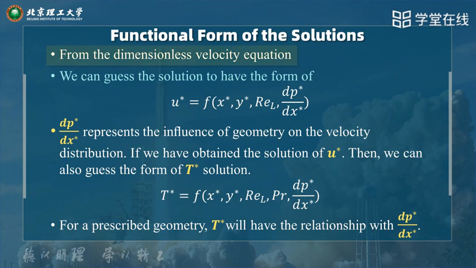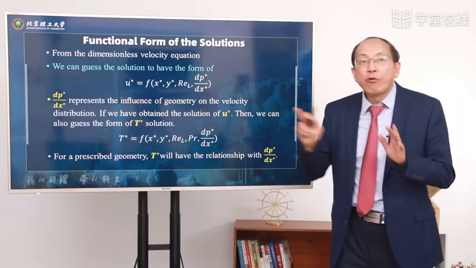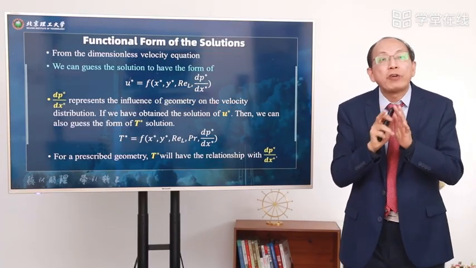From the dimensionless velocity equation, we can guess the solution to have this form: u star equals f of x star, y star, Reynolds number, and dp star over dx star. 1, 2, 3, 4. The function has four parameters.